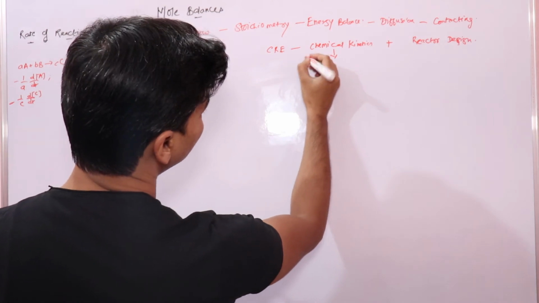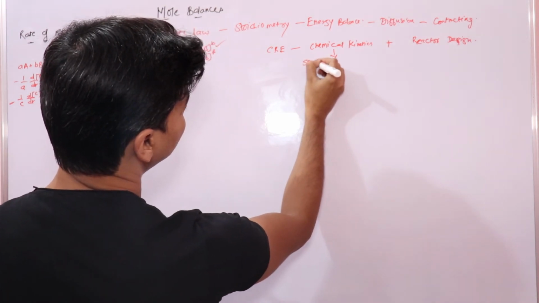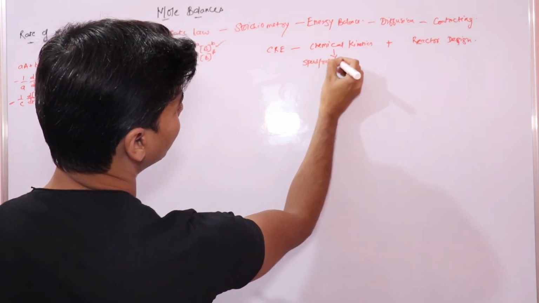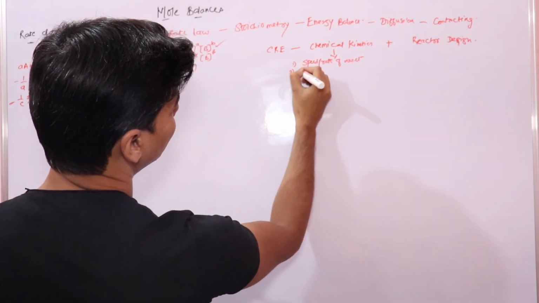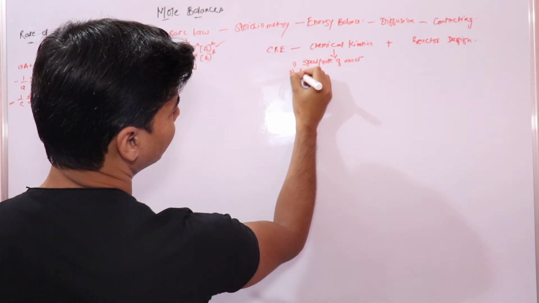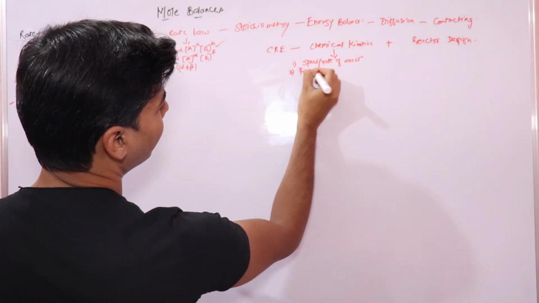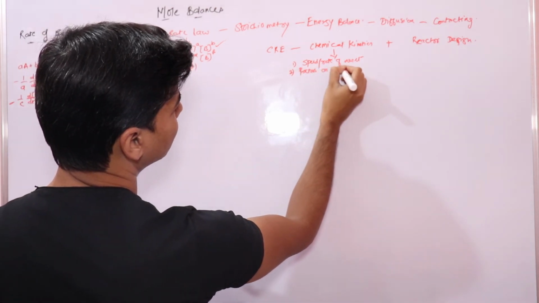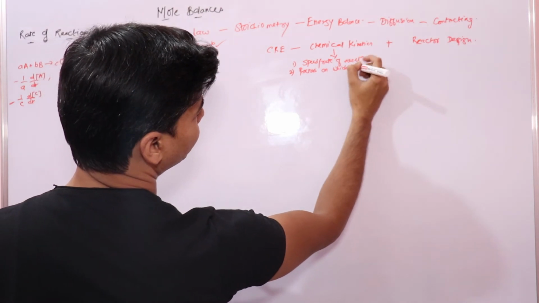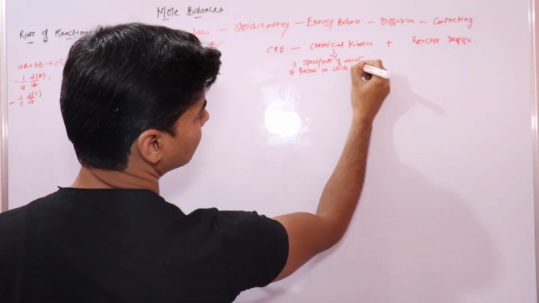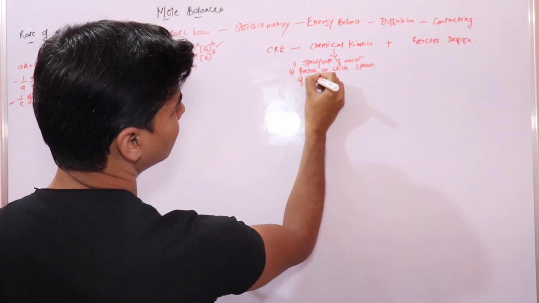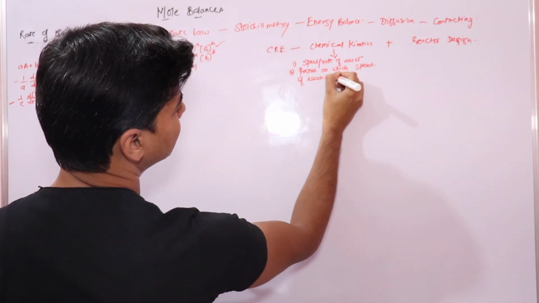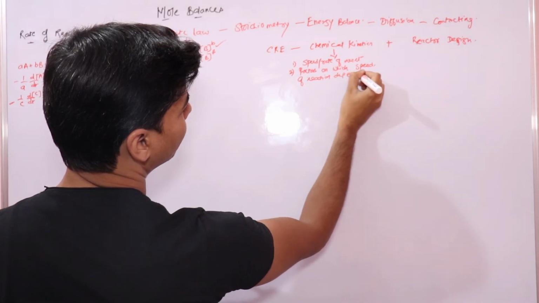So here in chemical kinetics we deal with the speed or rate of reaction, and the factors on which the speed of reaction depends, right?